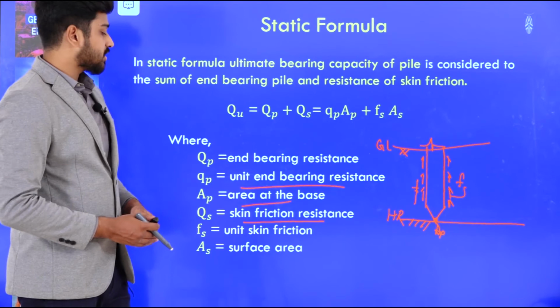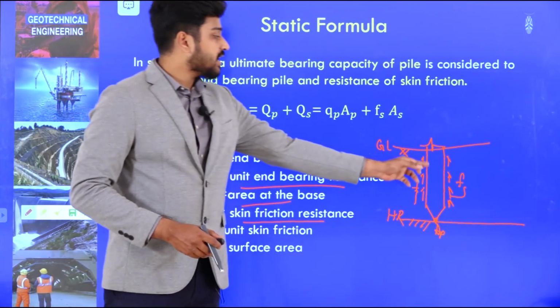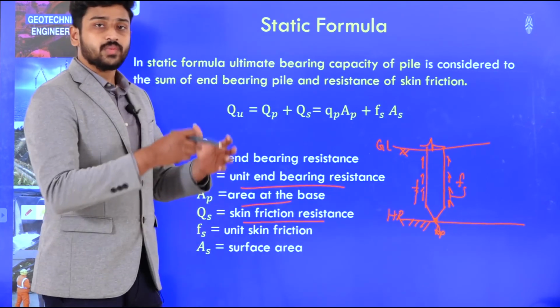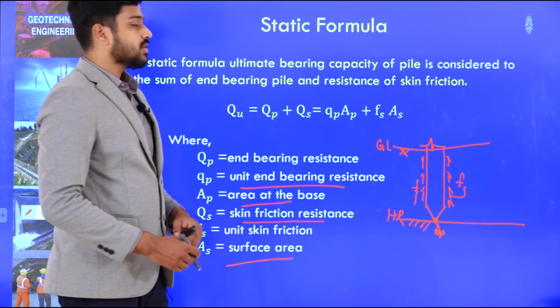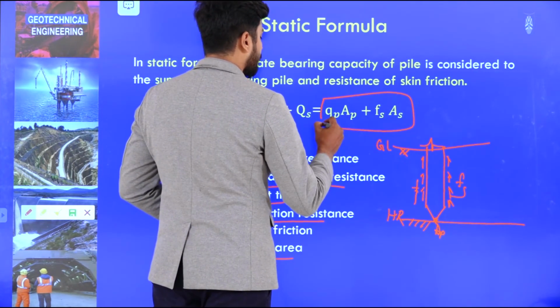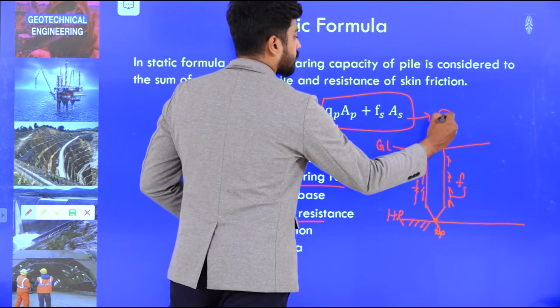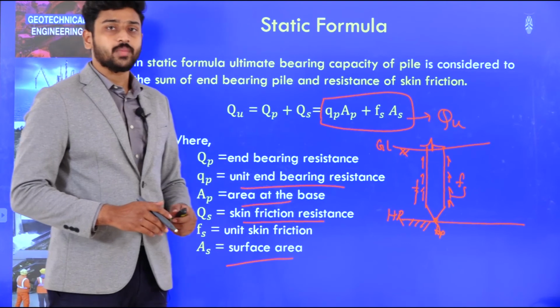So, it is given by unit skin friction, and this entire surface area which is being driven is nothing but As. Clear? In such a way, by obtaining this we can obtain the value of Qu, the ultimate bearing capacity of this particular pile.